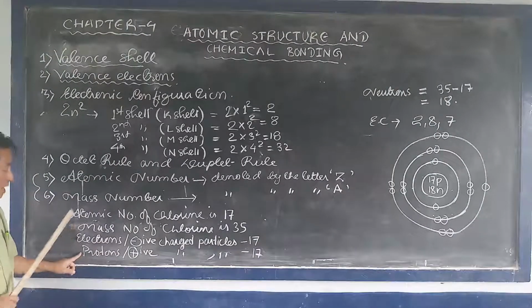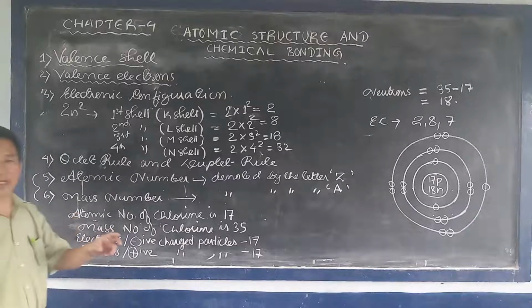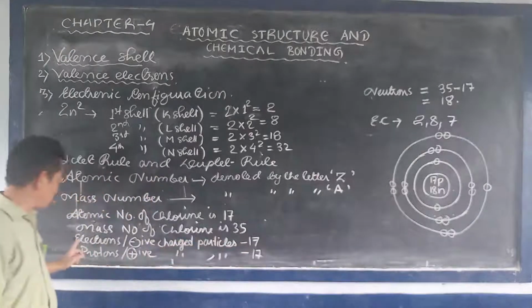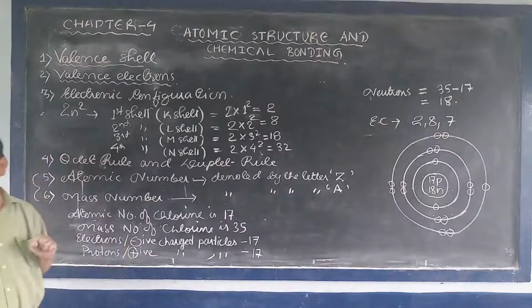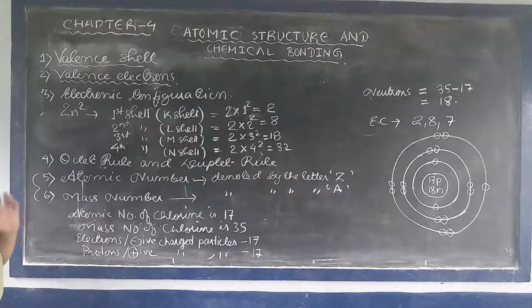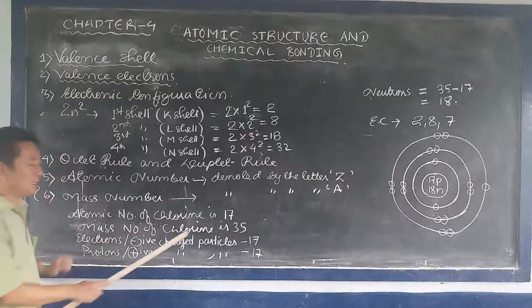Once again, atomic number of chlorine is 17. It means the chlorine atom has 17 electrons, 17 protons.